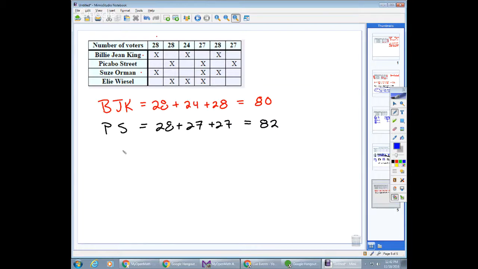And then Susie Orman got 28 and 27 and 28, which is one more than the person above, which I believe is 83.